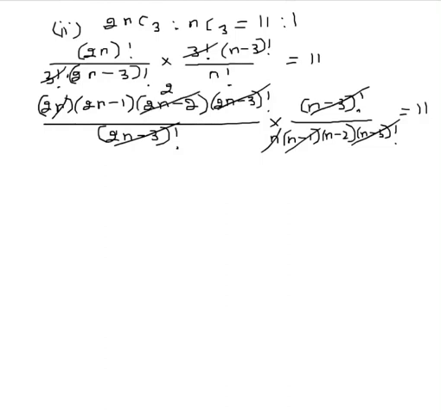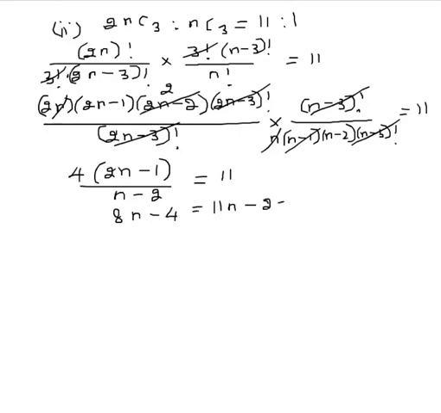We will have 2. 2 2s are 4. 4 times 2n minus 1 divided by n minus 2 is 11. Let us cross multiply. 8n minus 4 is equal to 11n minus 22. 11n minus 8n is 3n and 22 minus 4. So 3n is 18, n is equal to 6.